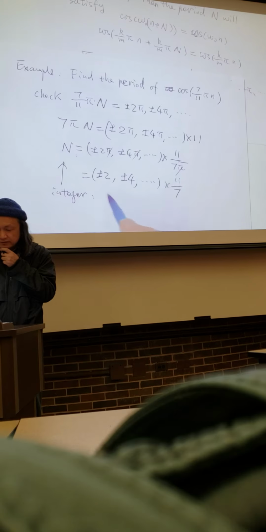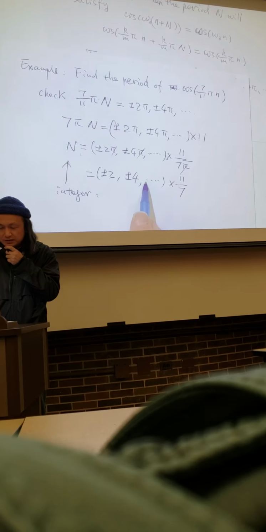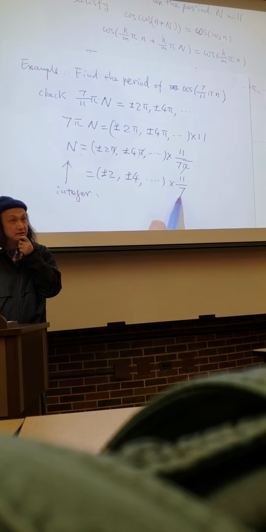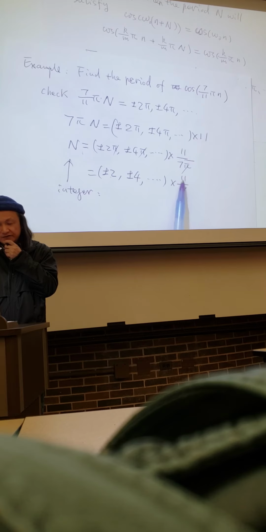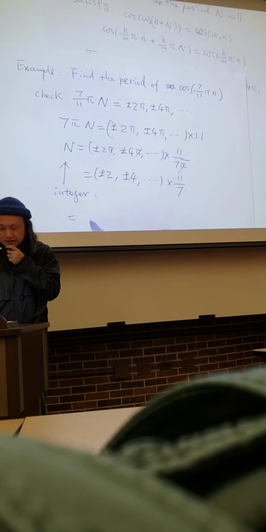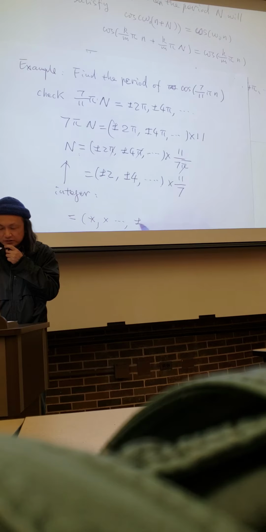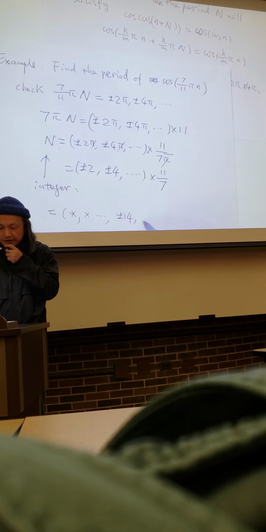So you want something that can cancel with this 7. You want an integer, right? Like 2 times 11 over 7 is not an integer. But you can find plus or minus 14, and plus minus 2 of it is 28, plus or minus 3 of it is 42.